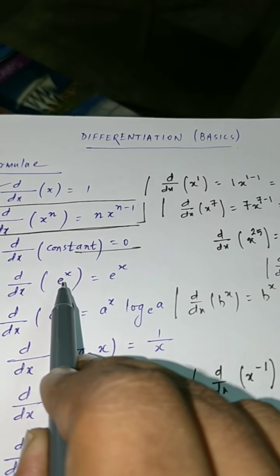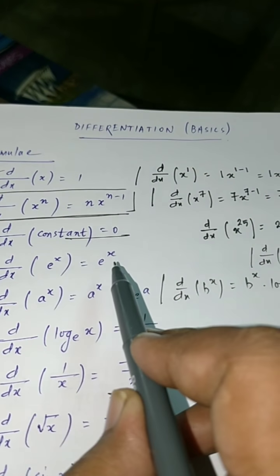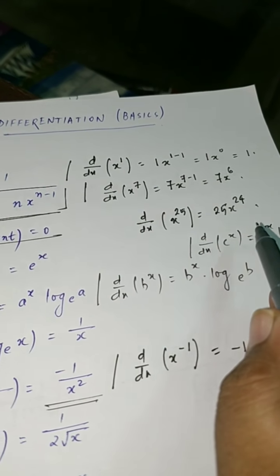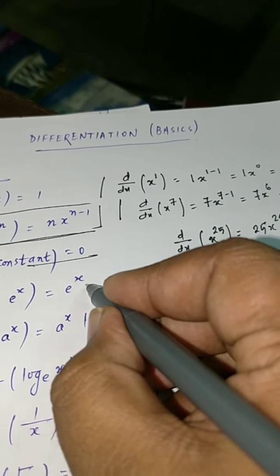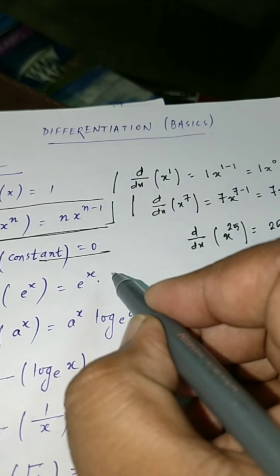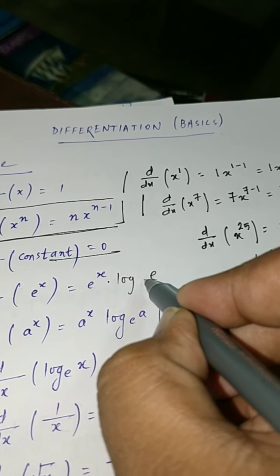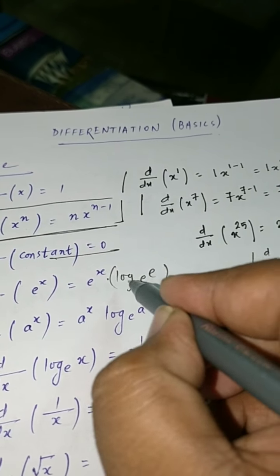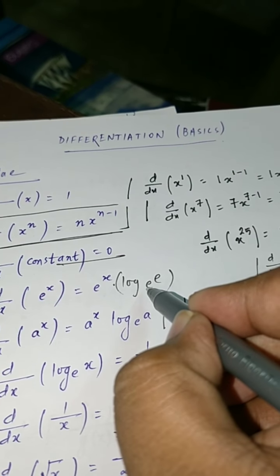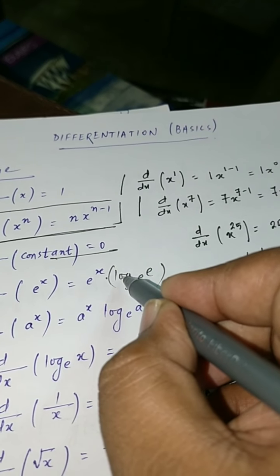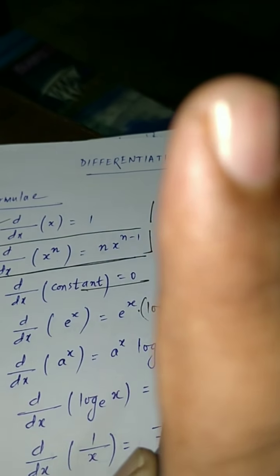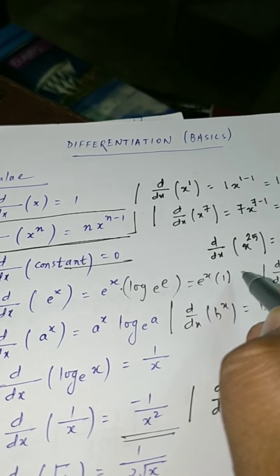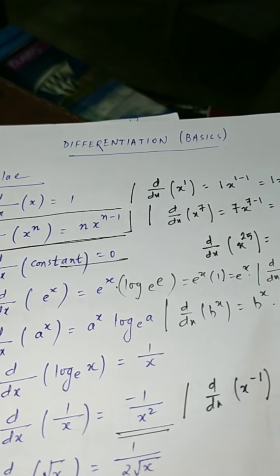So we have seen b power x log b, c power x log c. Same type of function we have here, e power x, whose answer I have written as e power x. Actually as per this, the answer should have been e power x log e base e, correct? But in log, when the base and element of the log are the same, the value becomes 1, and that is why e power x multiplied by 1 is equal to e power x.